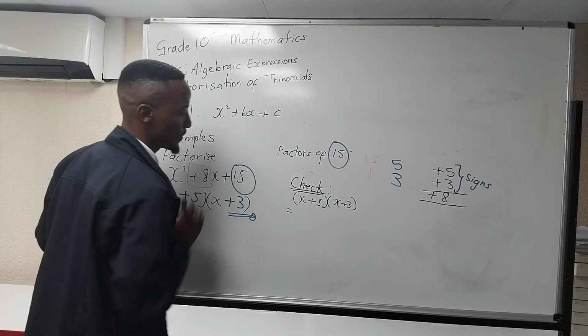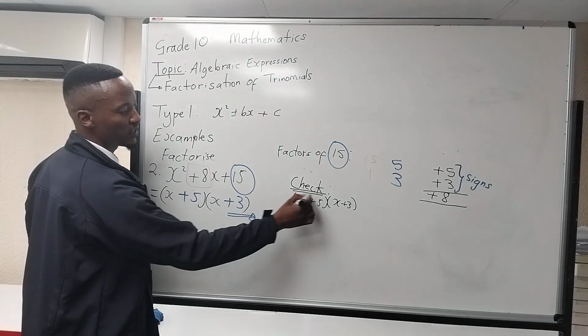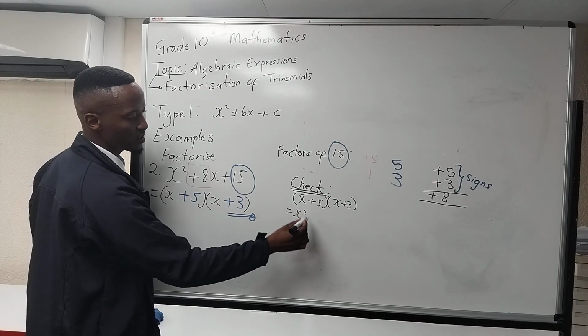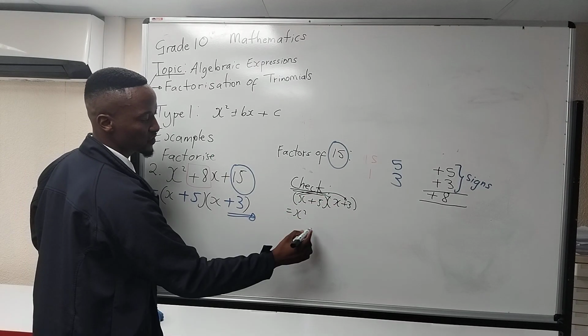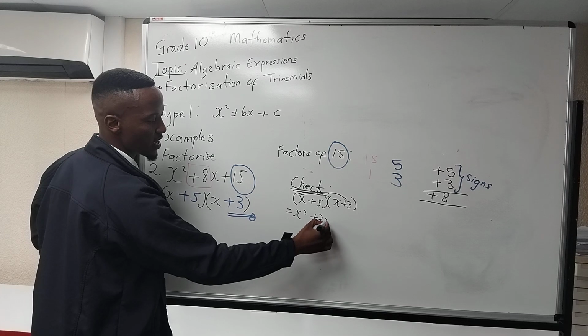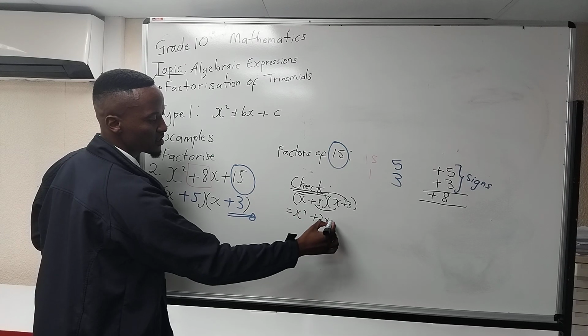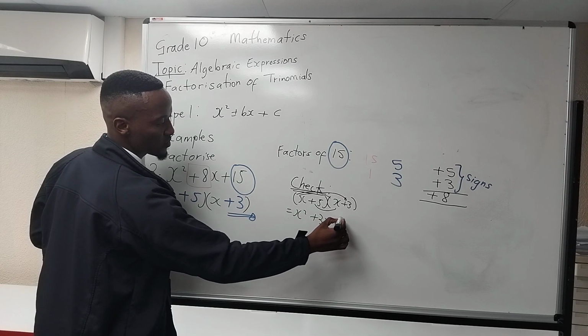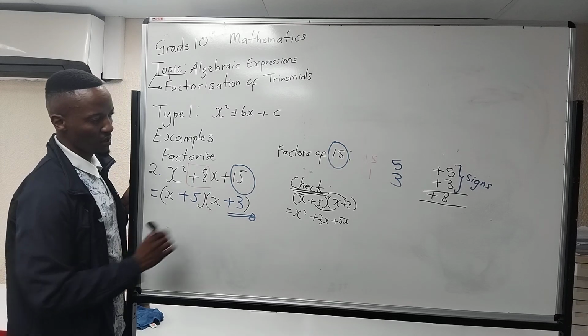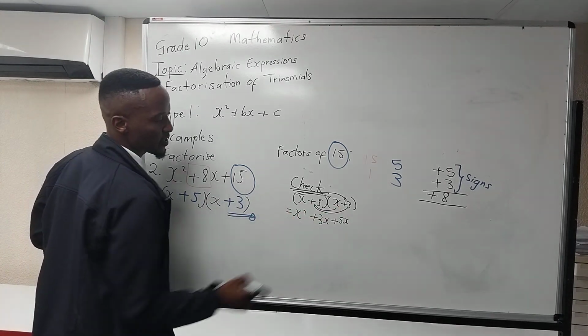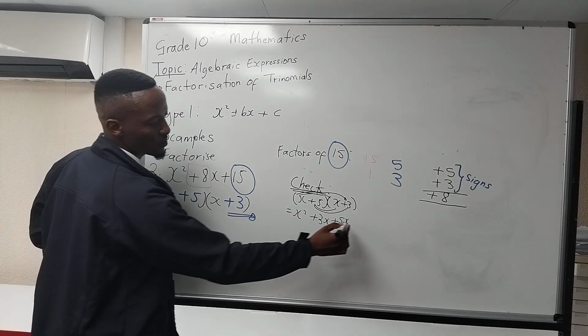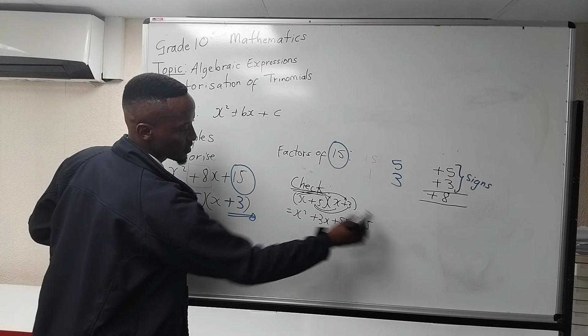We are testing here. X multiplied by x, we have x squared. X multiplied by positive 3, we have positive 3x. Positive 5x multiplied by x, we have positive 5x. Positive 5 multiplied by positive 3, we have positive 15.